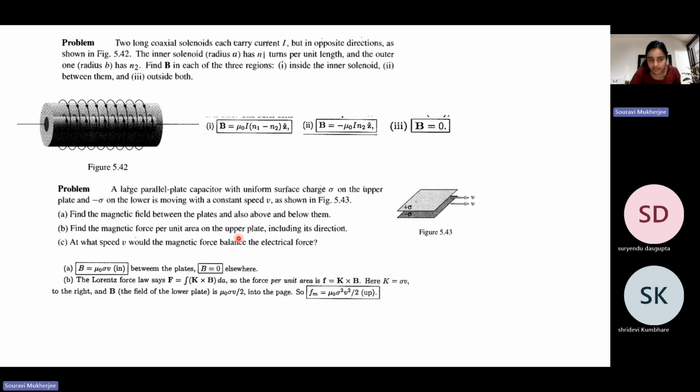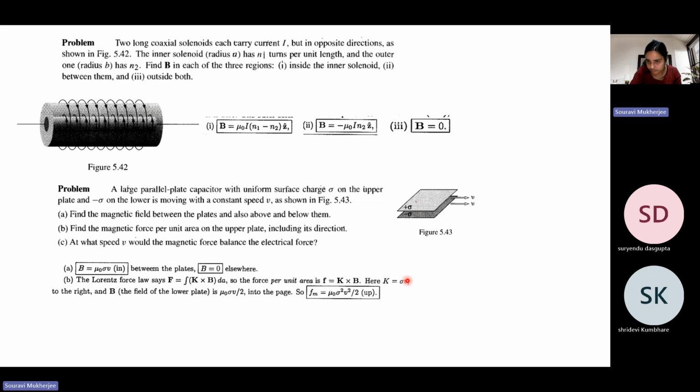Now, how are we finding the direction? We are finding it using this relation. If you have to find the magnetic force on the upper plate, what is the direction of K on the upper plate?